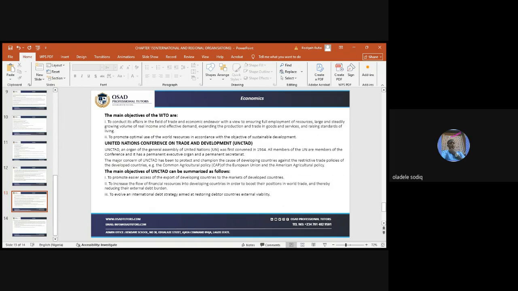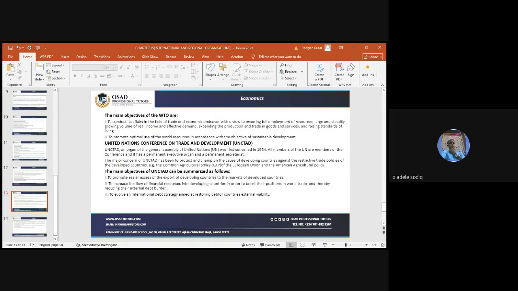Then we also have another organization, which is the United Nations Conference on Trade and Development, UNCTAD. UNCTAD is an organ of the General Assembly of the United Nations, and it was convened in 1964.